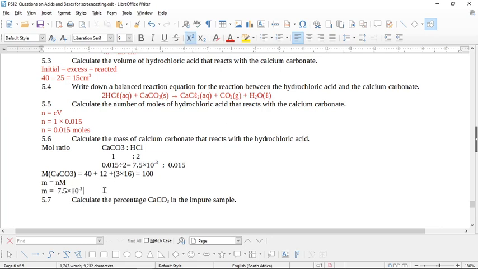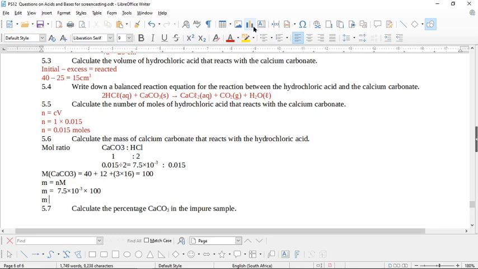So this was what we calculated using the mole ratio, and then we're going to multiply this by 100. So that will give us a mass of 0.75 grams. No unit, no mark. So there were 0.75 grams of calcium carbonate reacting with the hydrochloric acid.